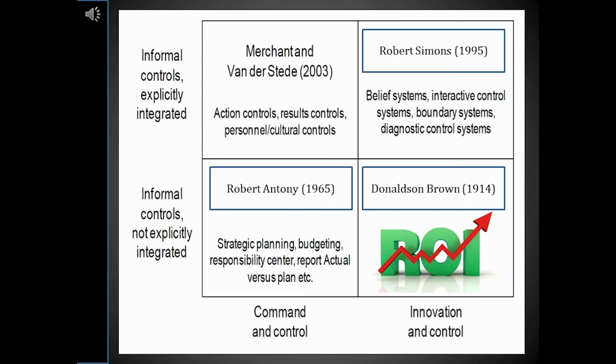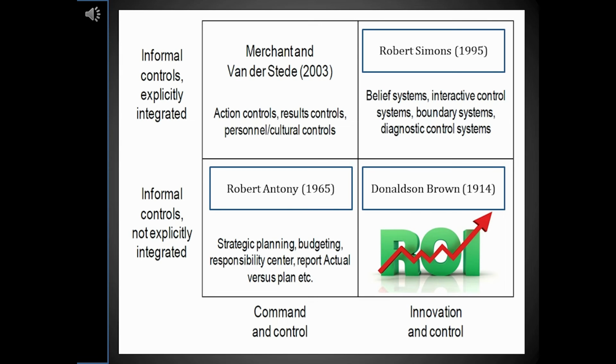Third, we had the systems by Robert Simons, which introduced notions such as belief systems, interactive control systems, boundary systems, and diagnostic control systems. Effectively, what you have now seen by these three systems is a conglomeration of different types of control. Some of them concern themselves with results control, some with action controls and cultural controls.